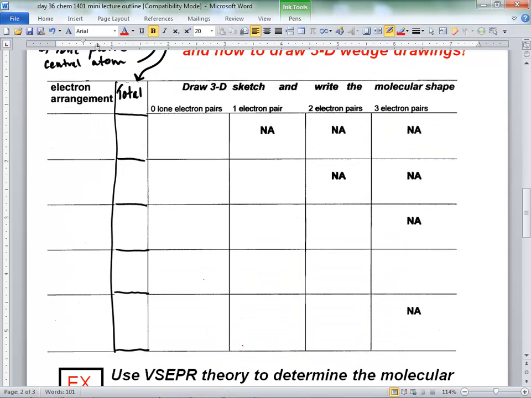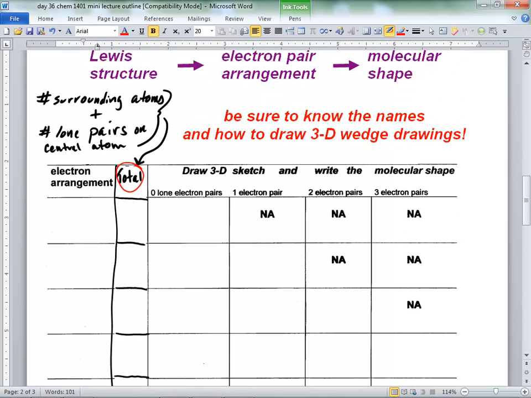So let's go ahead and fill in this table here. The total is the number of surrounding atoms plus the number of lone pairs. And remember, a lone pair is a lone pair of electrons.